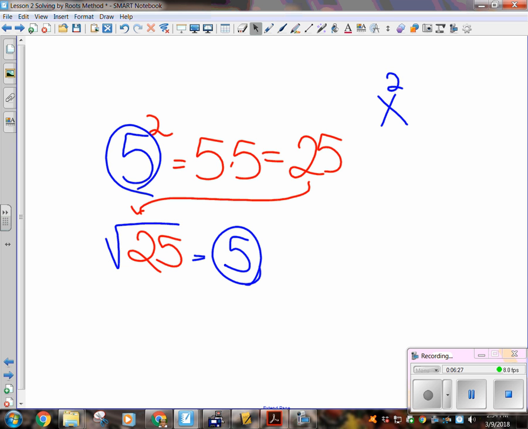X times X. Then I take the square root of what I just did. What's going to happen in the end? Does anybody know what I get as an answer? I took X and I squared it, so I got X squared. I take the square root of X squared, so I should get back what I started with. The answer is X.